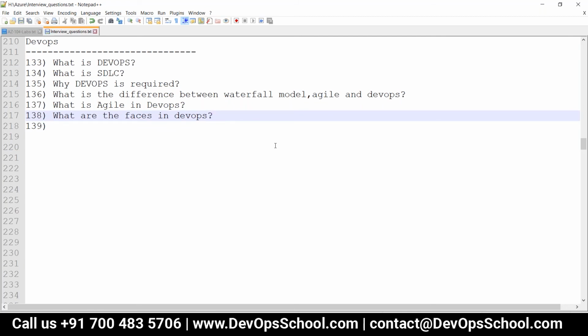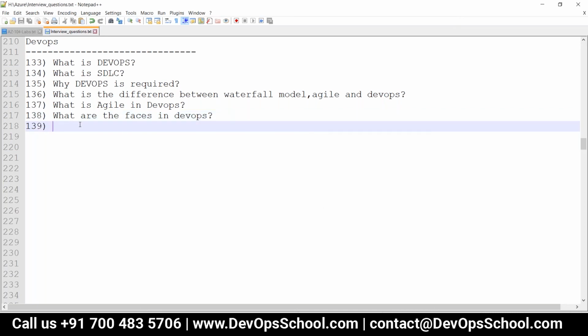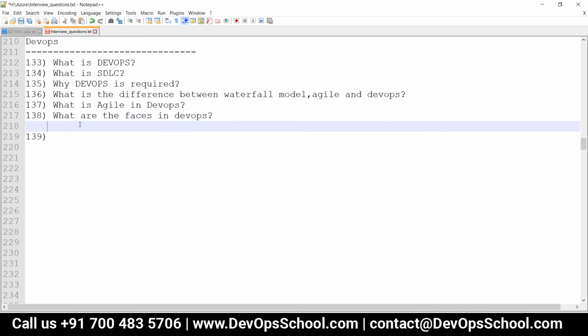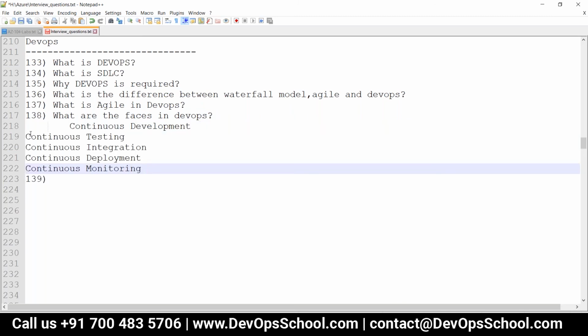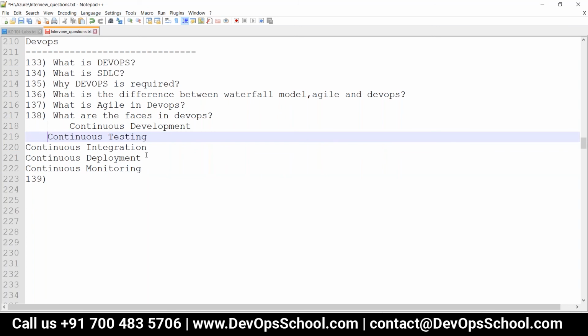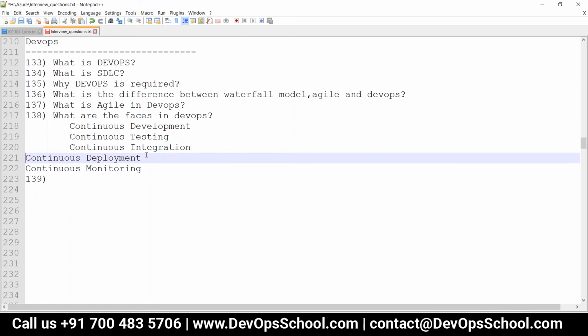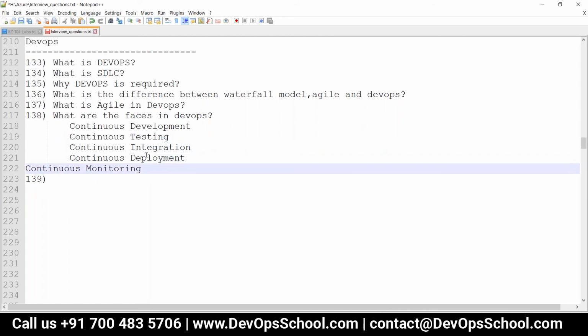I'm just pasting the answer. I told you yesterday: continuous development, continuous integration, continuous testing, continuous deployment, and continuous monitoring. Please copy paste this answer; otherwise, you will write down that answer.